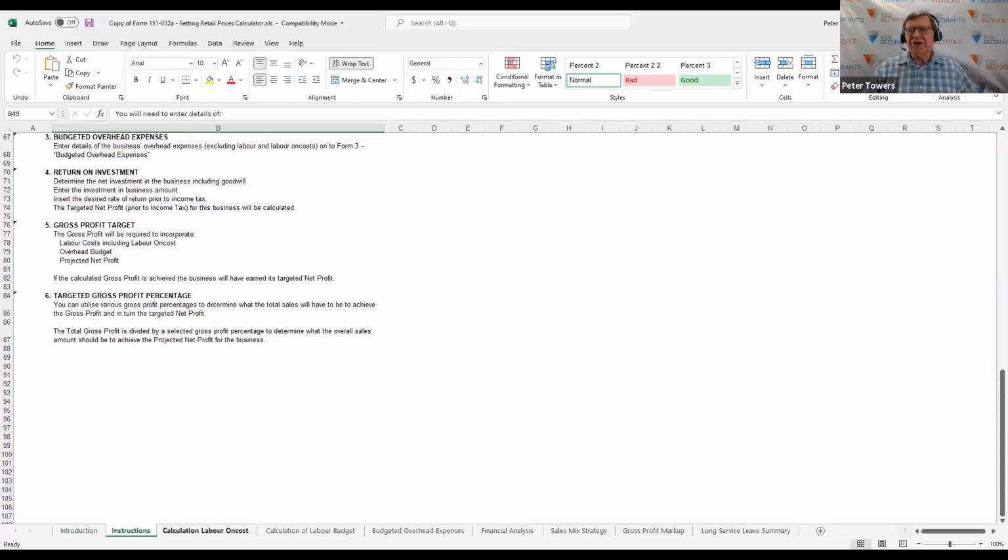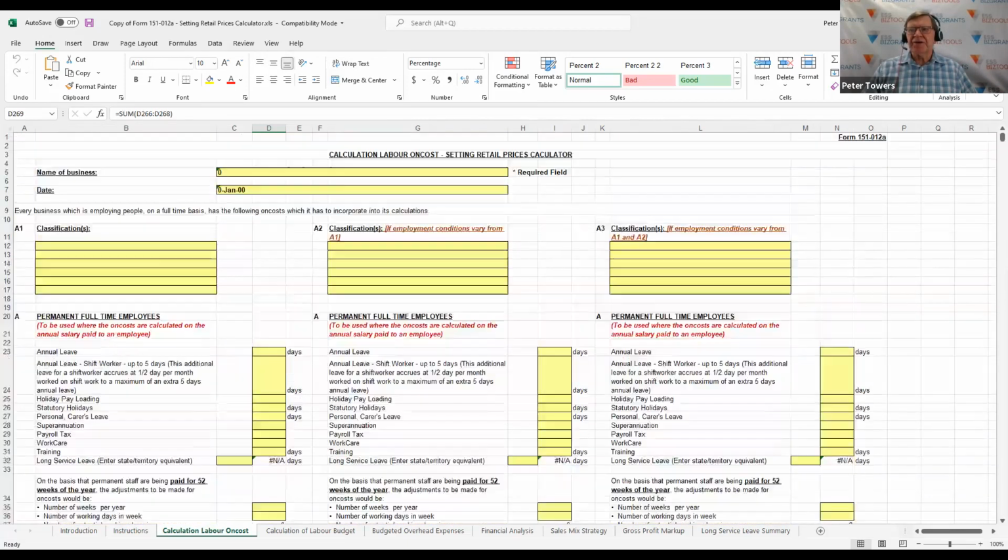So the labour on costs are calculated in these sheets, very similar to what we've got for tradies and for professional firms. You start off with permanent full-time employees. You can type in who has got similar on costs, the same on costs.